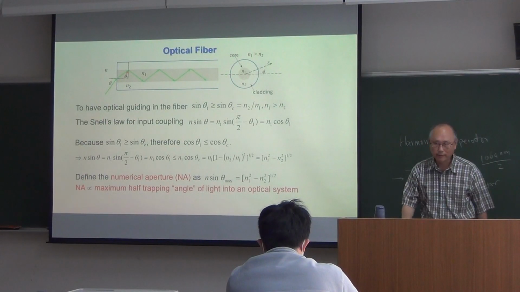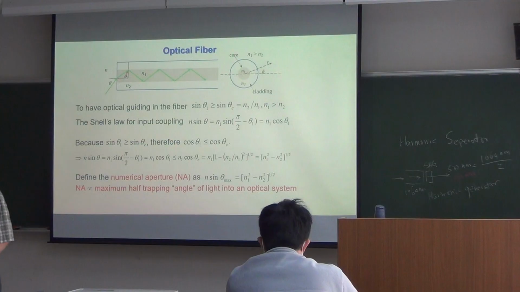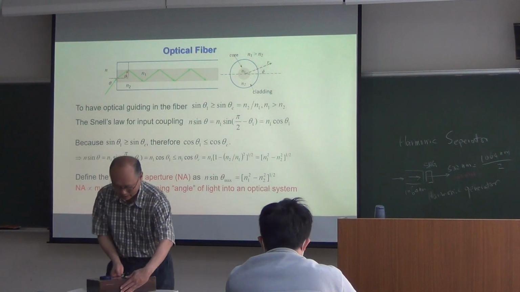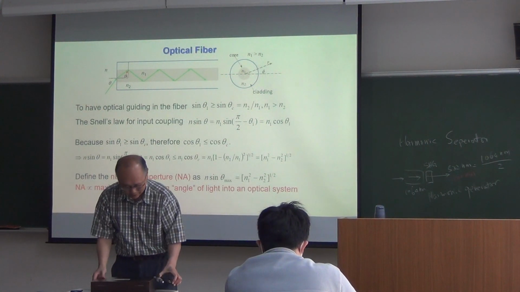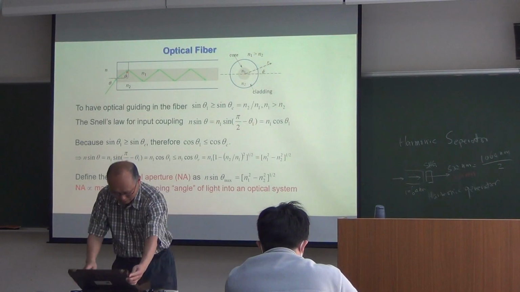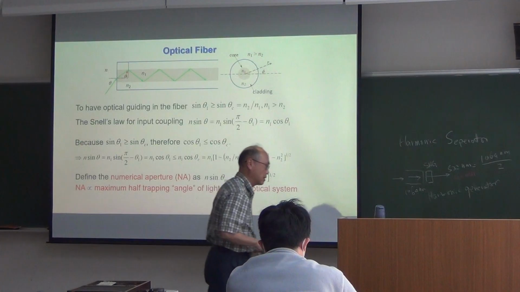Okay, so this is the optical fiber, and several of you have seen me play this when I talk about electromagnetic waves. Some of you haven't seen it, but you could have seen this when you were a little kid.